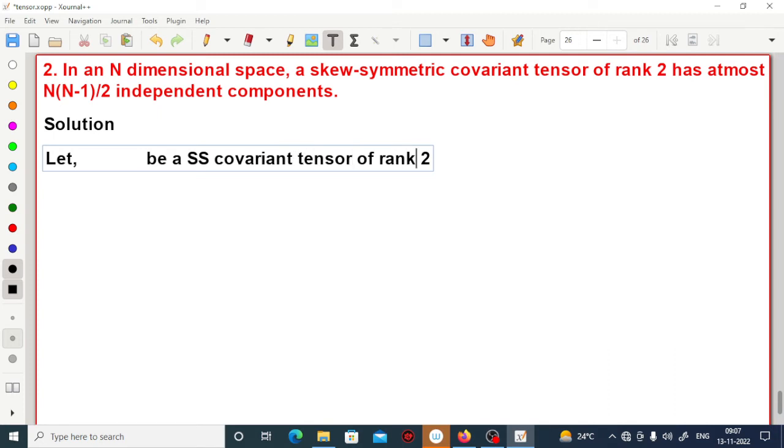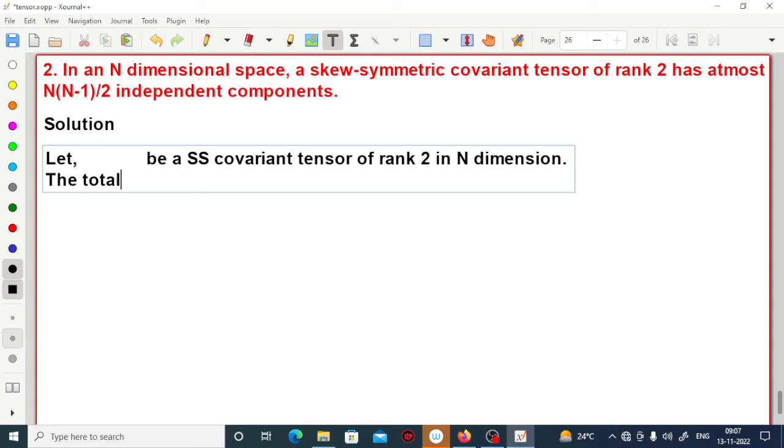I start with this. So now the question is, how many total components are there? A skew-symmetric tensor of rank 2 in N dimension. The total number of components is n square.